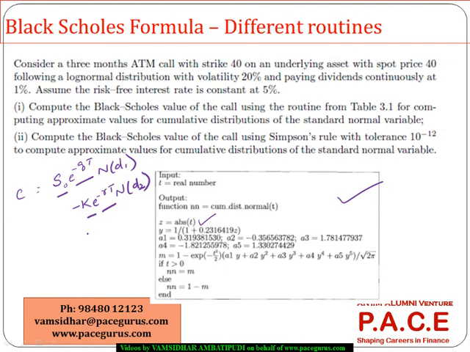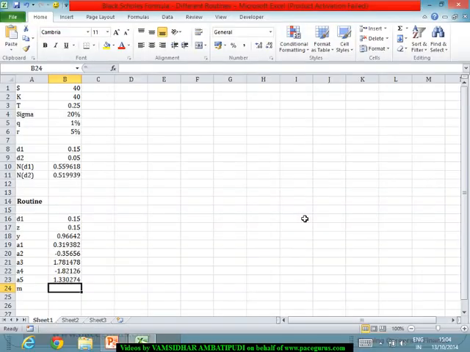Then we are saying M. We are calculating the value of M. 1 minus e to the power of minus t squared by 2 times a1y plus a2y squared plus a3y cube plus a4y power 4, something like that.